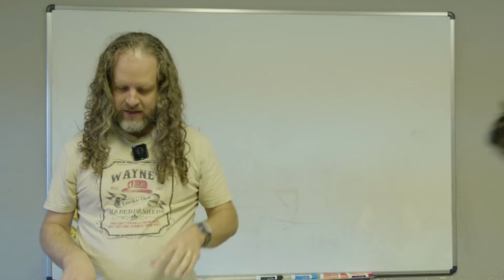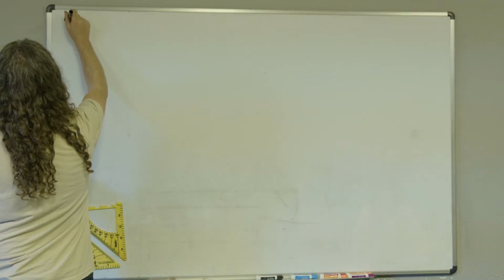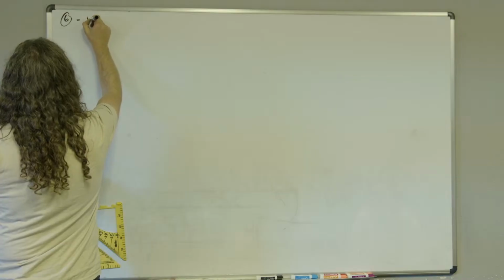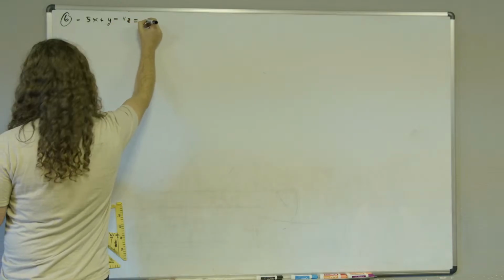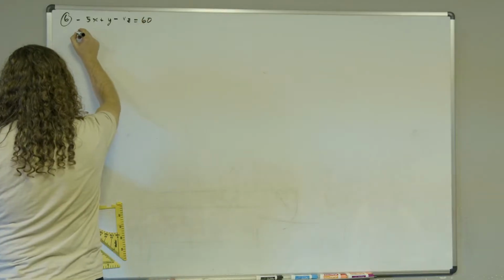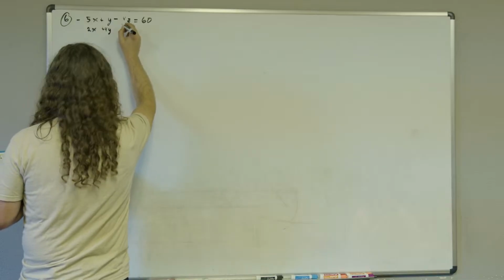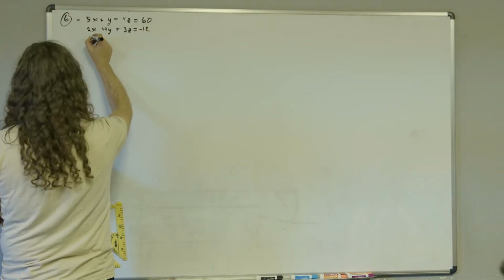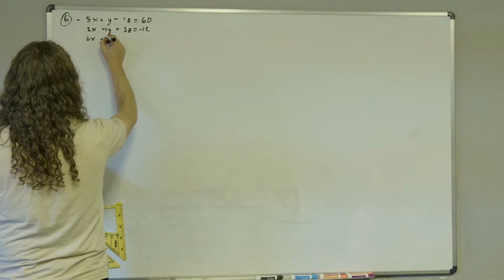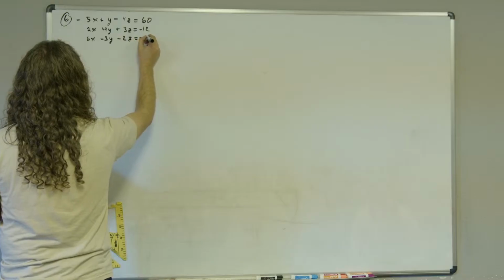Could we do number 6? Yes, we could. Number 6, here we go. -5x plus y minus 4z equals 60, and 2x plus 4y plus 3z equals -12. 6x minus 3y minus 2z equals -52.